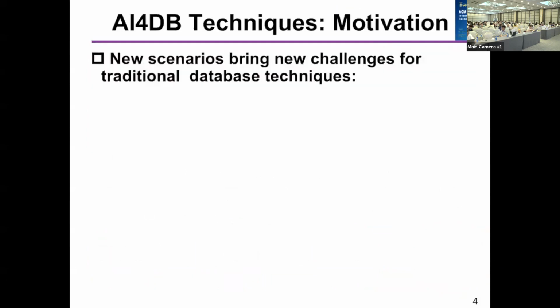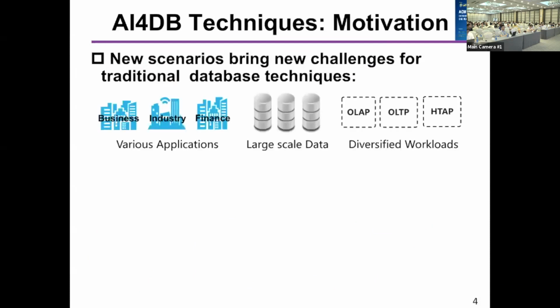I first introduce some motivations of AI4DB. We know there are many new scenarios that bring new challenges for traditional database techniques. For example, we have various applications, large-scale data, and diversified workloads.